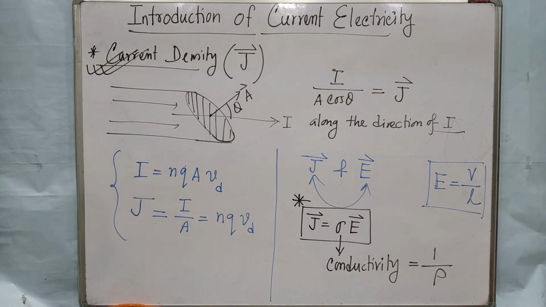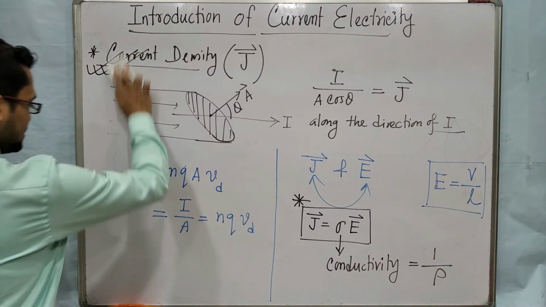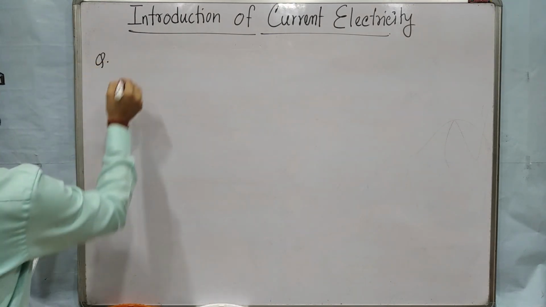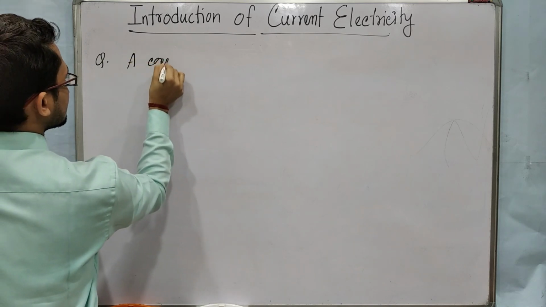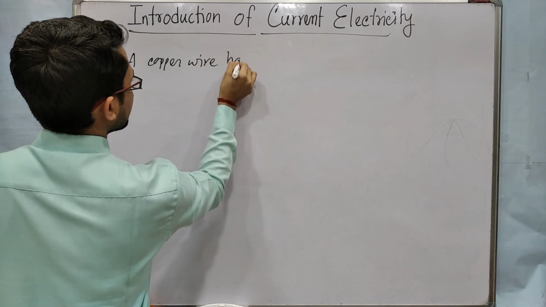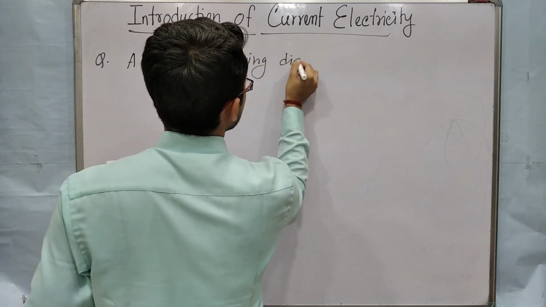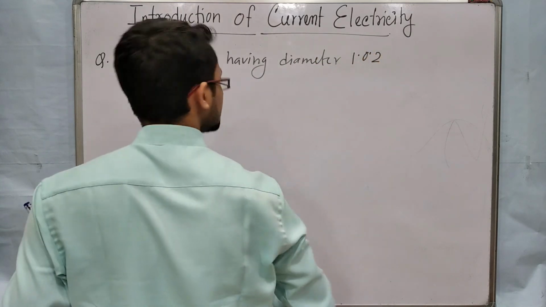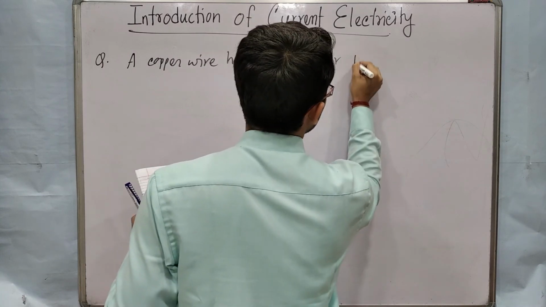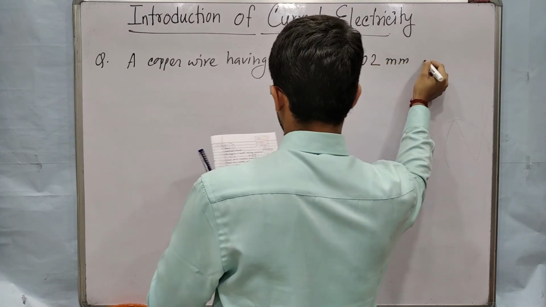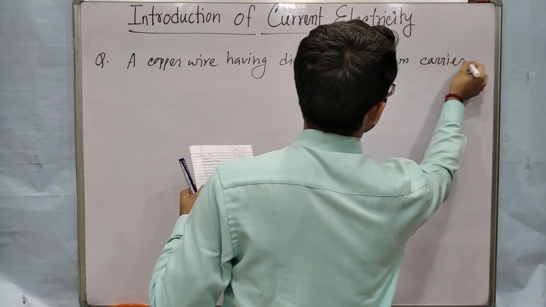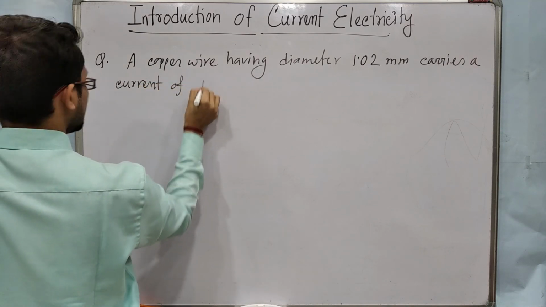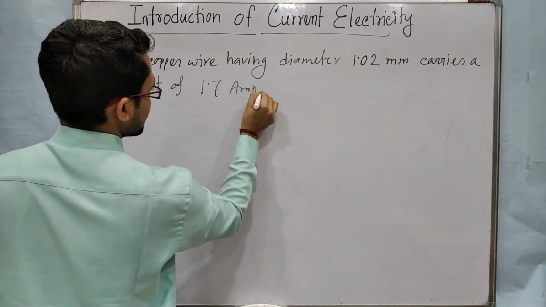Now we will see one numerical, then we will finish our lecture today. The numerical is: a copper wire having diameter 1.02 millimeter carries a current of 1.7 ampere.